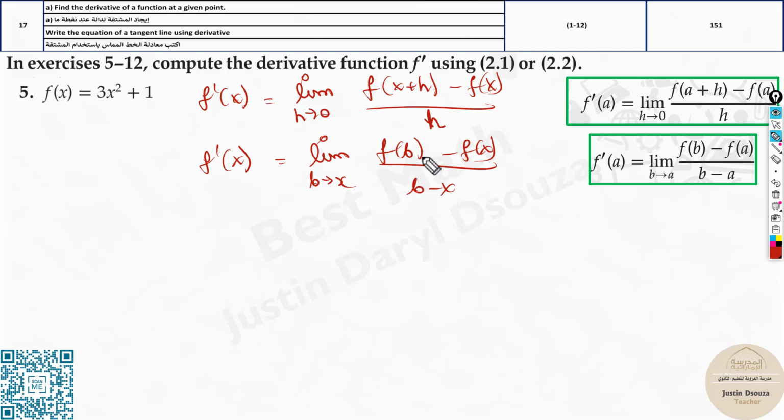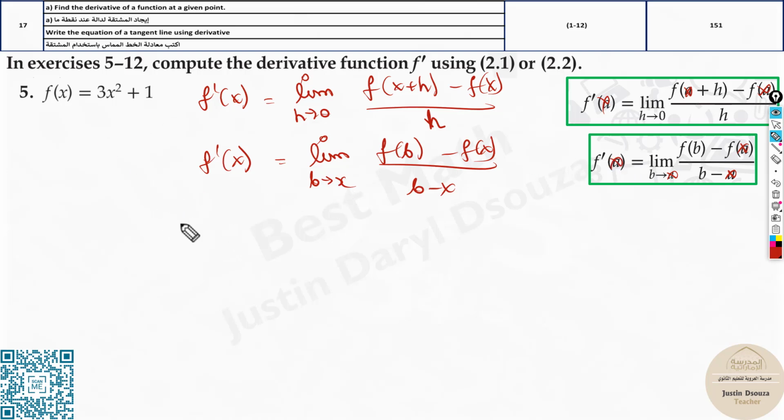Remember this is very important. So now this is the change we will get. Hope this is clear. Instead of a, wherever a is there, we just keep x, because a values are not given, they have just given the function, that's it. So this is the formula we would tend to use. Wherever a is there, just put x, everywhere.